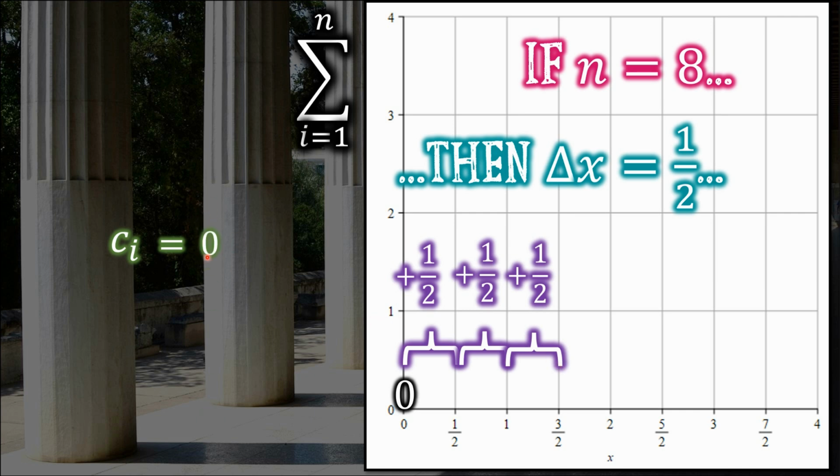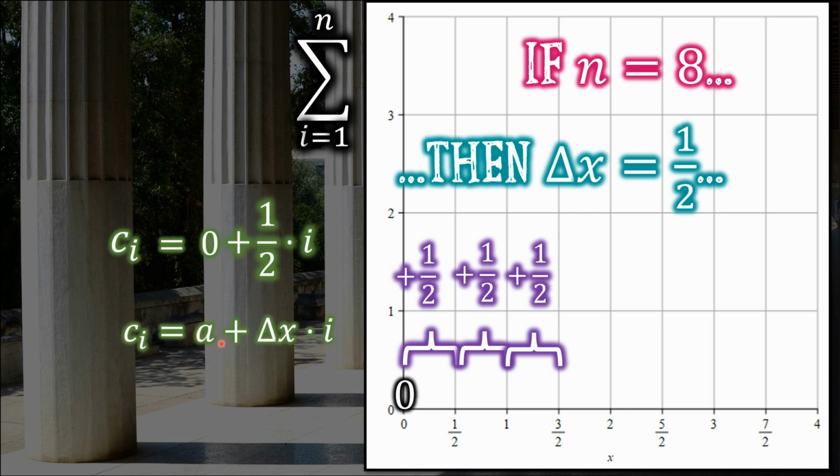I would start at that left spot, in this case 0, and then add to it 1/2 times i. I add the width of each rectangle that many times, and that tells you what the right endpoint is for the ith rectangle. Now here that was 1/2 because that was the width of my rectangles, but in general, this would be my process.